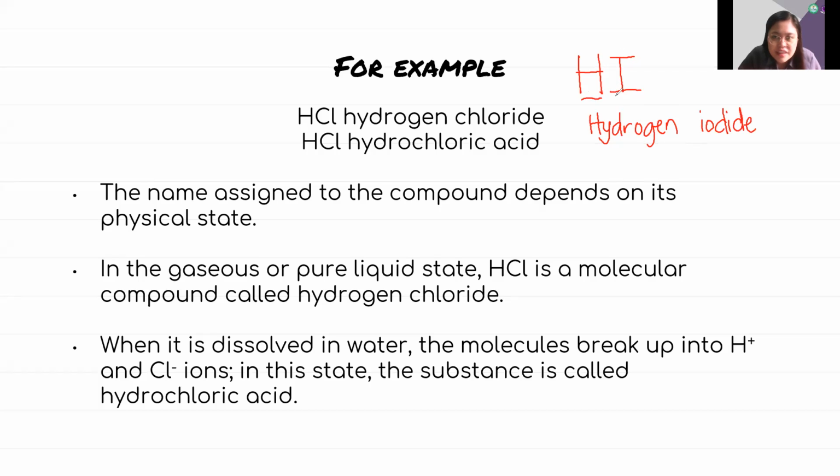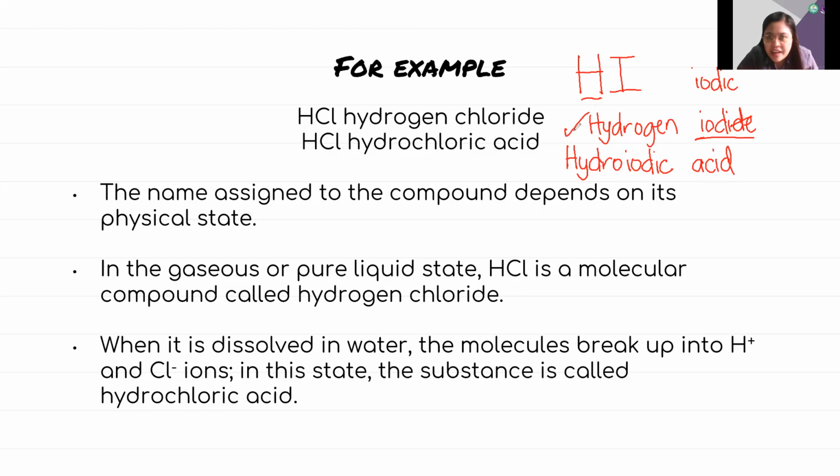pag acid siya, how do we name it? Hydro na prefix. Tapos, the anion, so iodide, pero di ba ilisan nato iyahang ending instead of IDE, we'll make it IC. So this is hydro, tapos idugtong natin si iodic, and then ang last part sa iyang name will have the acid.